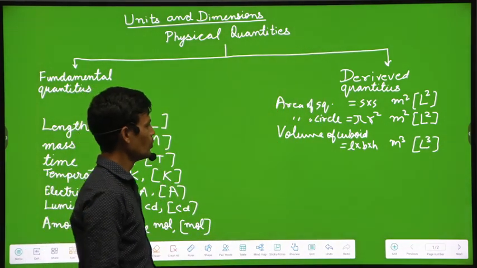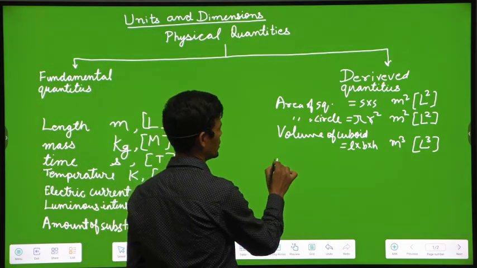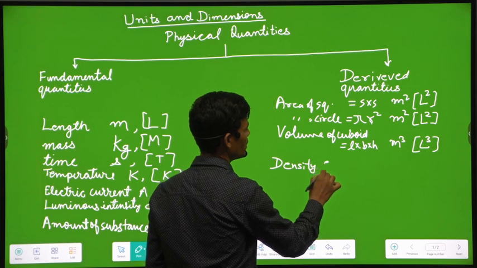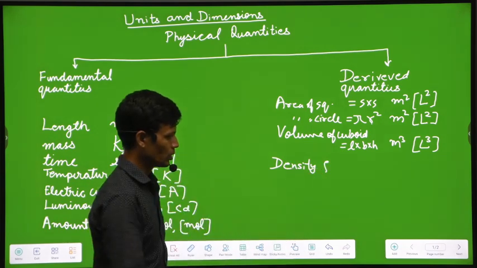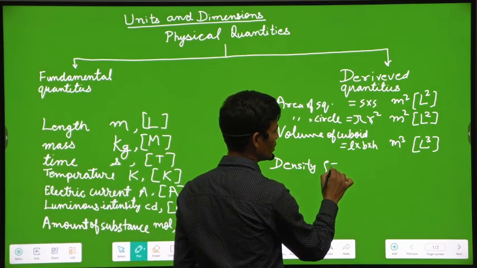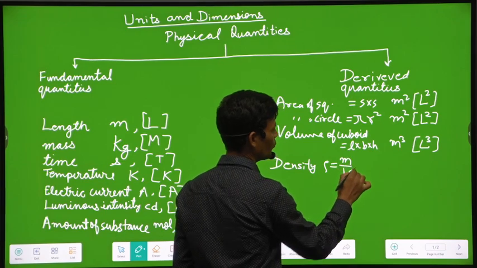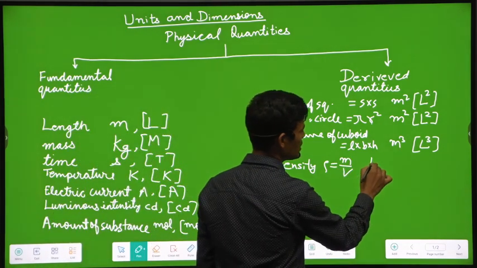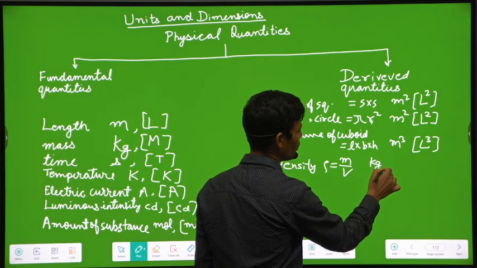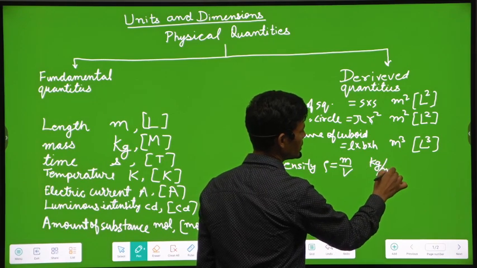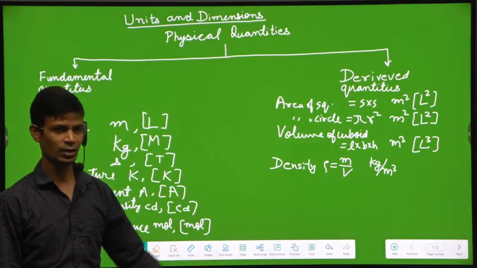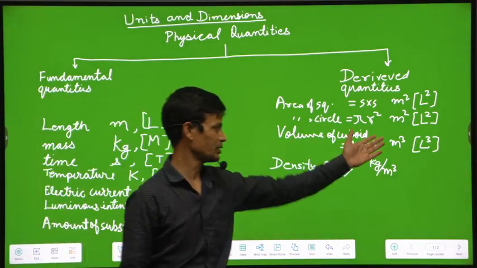Okay, now moving on, density. Its symbol is rho, Greek alphabet, and its formula is mass upon volume. For mass, SI unit is kg, and for volume, SI unit is meter cube, as we have already obtained here.